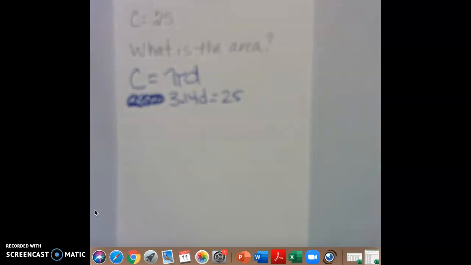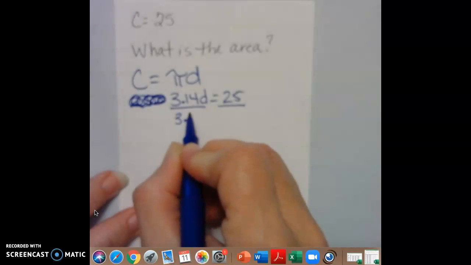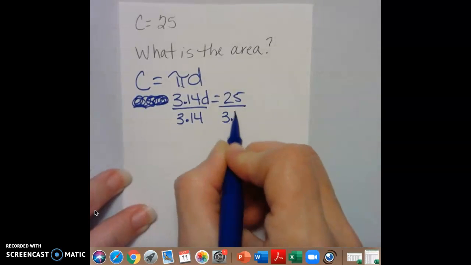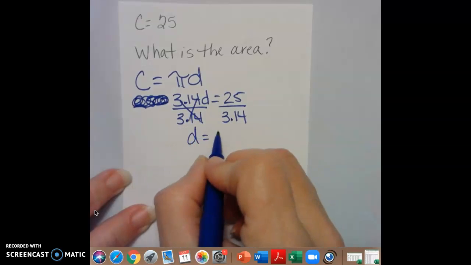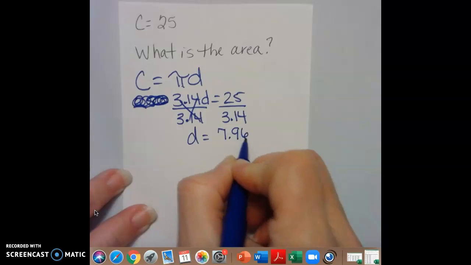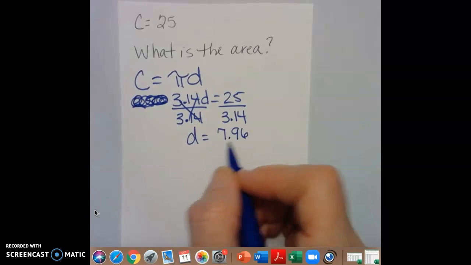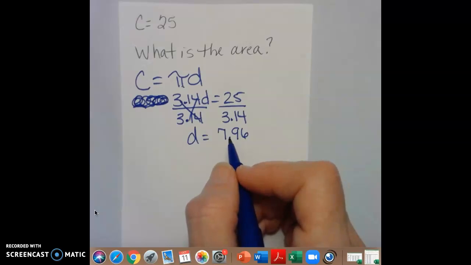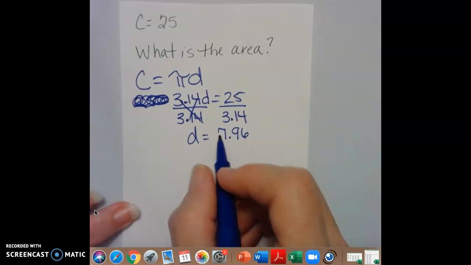So now I'm going to do 25 divided by 3.14. And there's a whole lot of decimals. I don't put all those decimals. I'm going to put 7.96 is the diameter. Most of the time, like on tests and stuff, it might round that to 8. But we'll leave it like it is just to have some more practice with decimals.